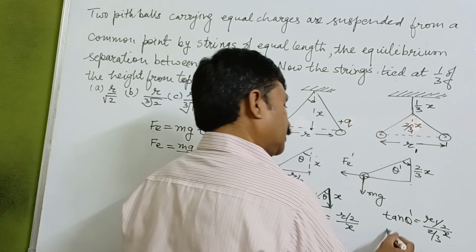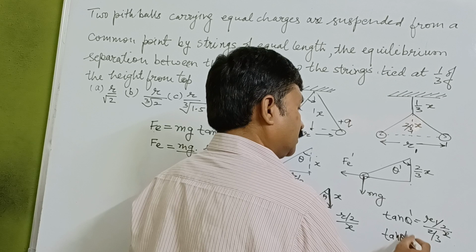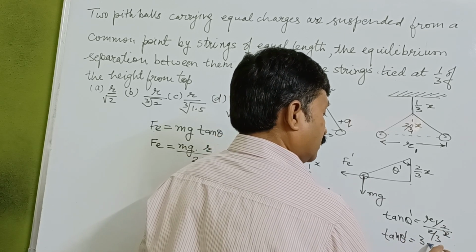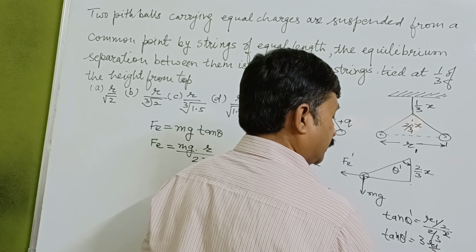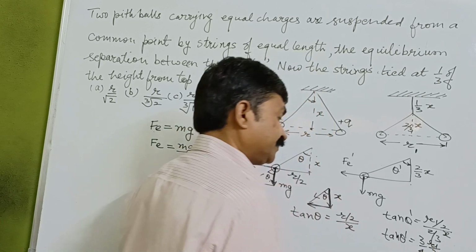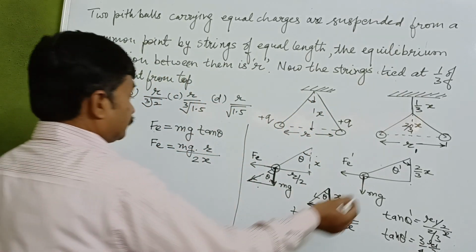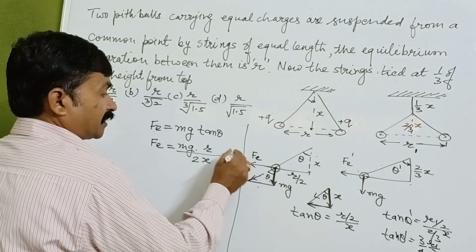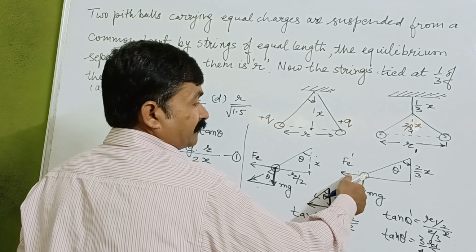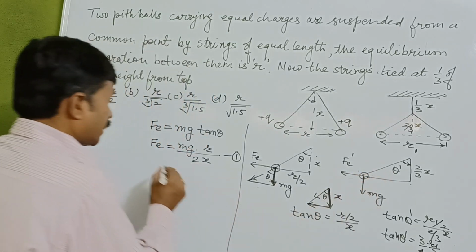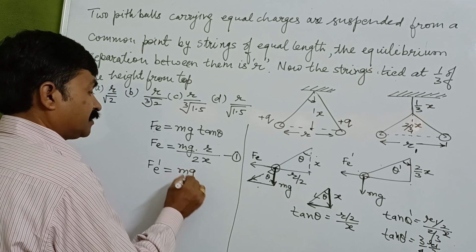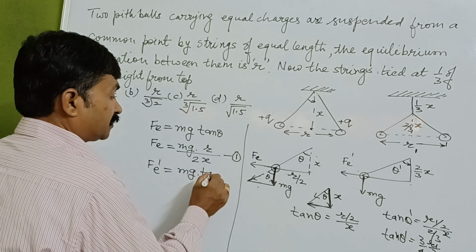So tan theta dash will be given by 3 r1 upon 4x. We are taking this as equation 1. Now the force, again we can have the same resultant Fe dash, which will be given by mg into tan theta dash.